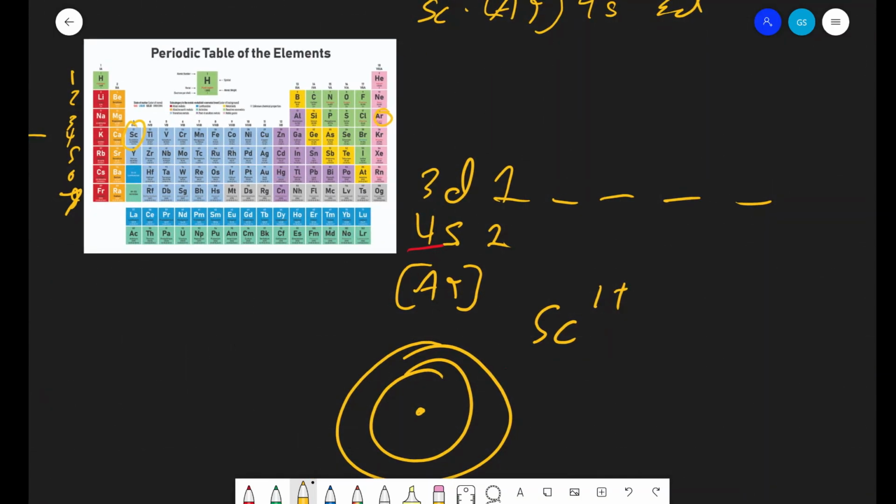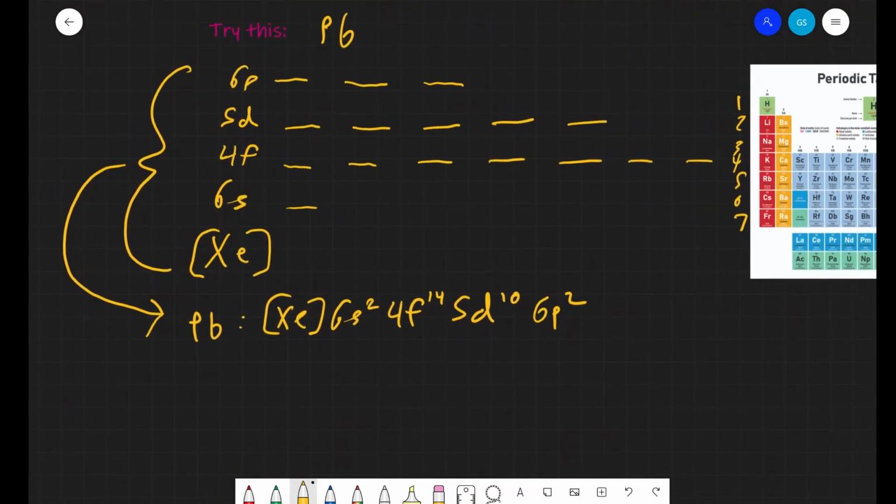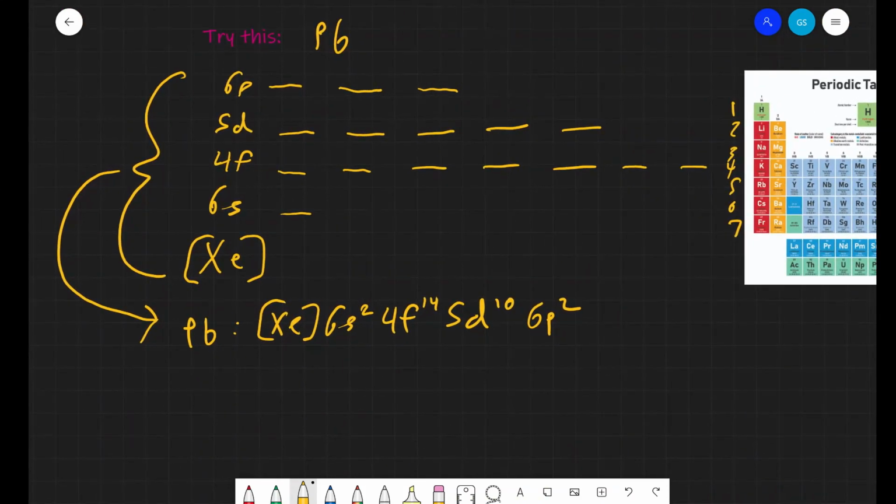Let's do a little bit more of an interesting one. Let's say I did lead. Oh boy, this looks weird. This is a challenging one. So let's just start off with writing the electron configuration.